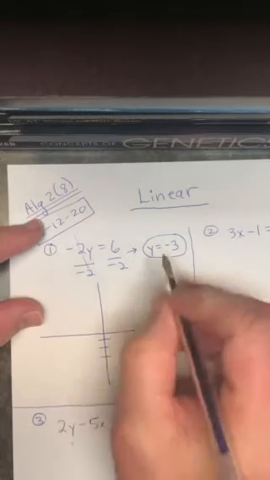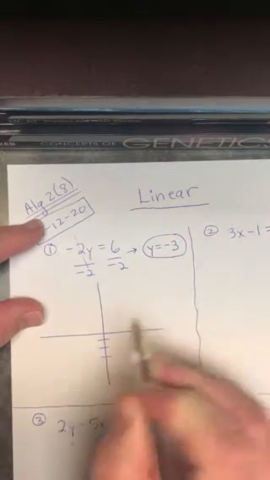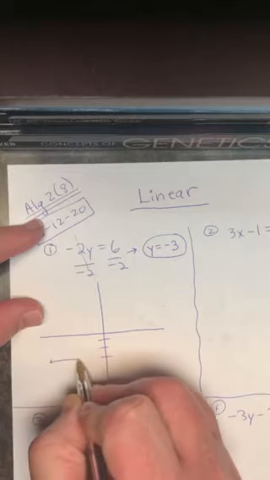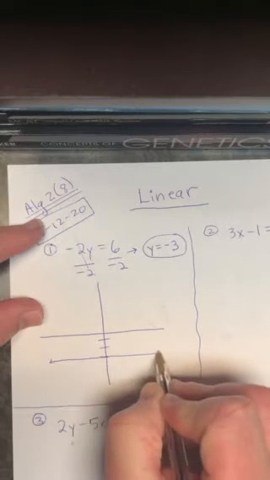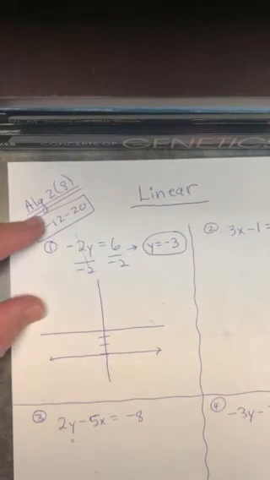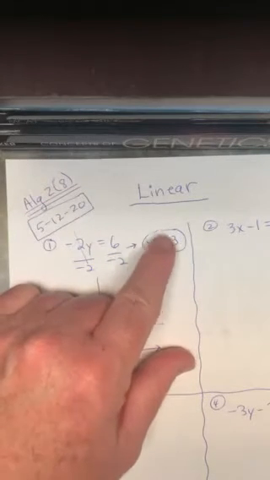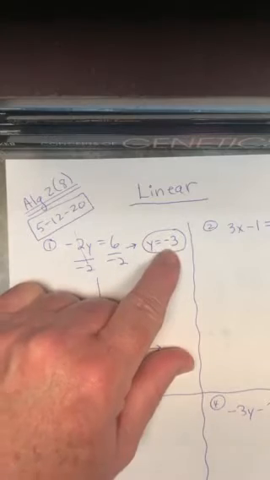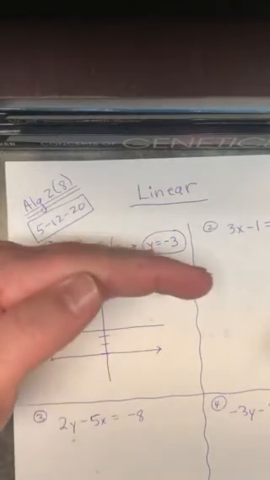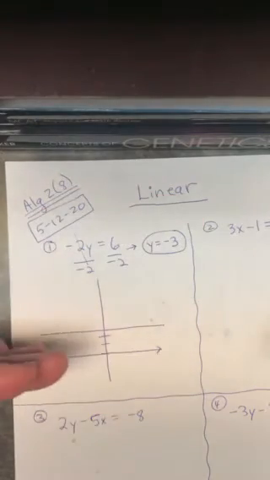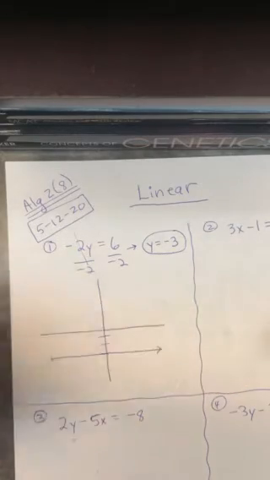And because it's y equals that number, we got to draw a horizontal line right through negative 3, and we're done. So, get y by itself. There's no x involved. It's called a constant function. Draw a horizontal line through that number, right through y equals negative 3, and you're done.